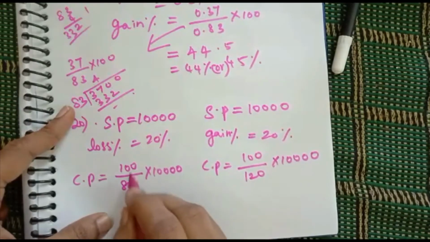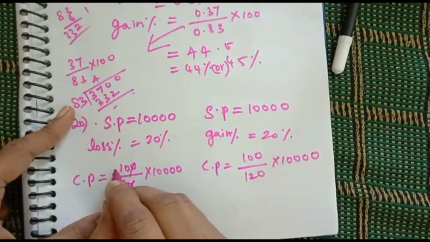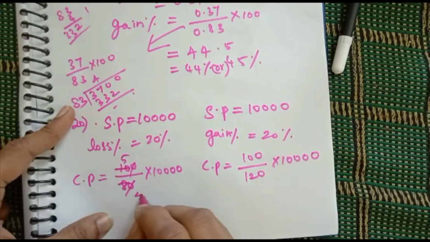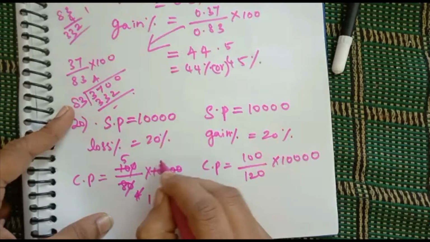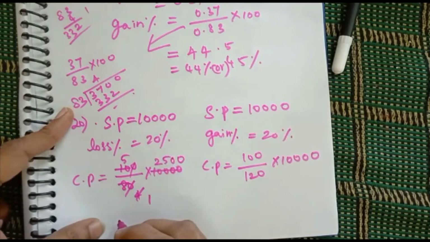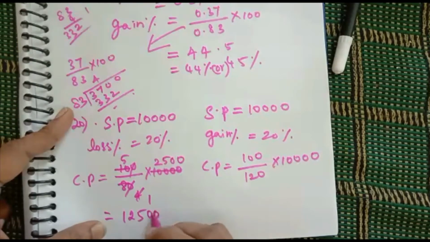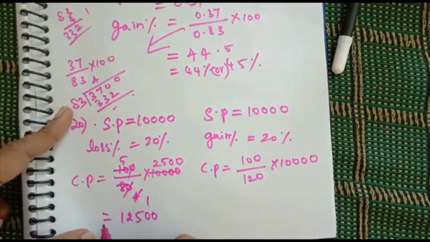Just simplify it. At last you have 125, so the cost price here is rupees 12,500.